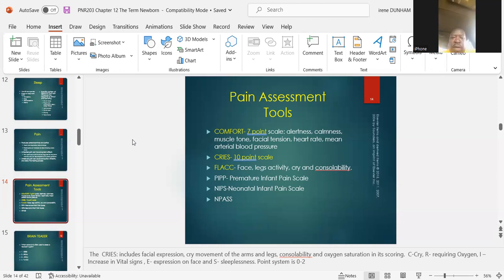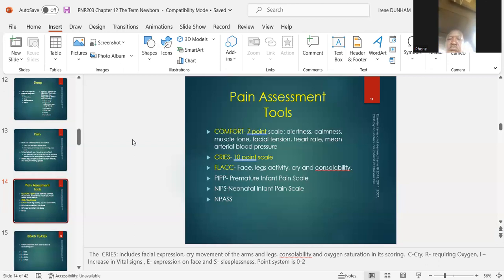Now, these are your pain assessment tools. And I did put this in your concept for quiz number 5, so please look these up. The COMFORT pain assessment tool is a 7-point scale. What you're looking at is: is the baby alert? Is he calm? Does he have muscle tone, facial tension, heart rate?